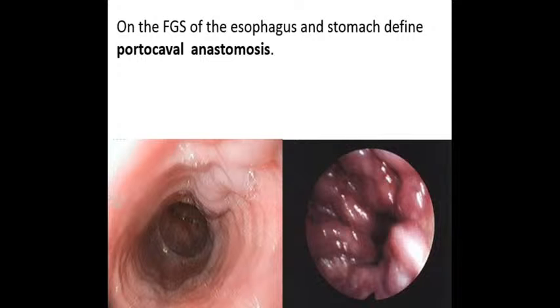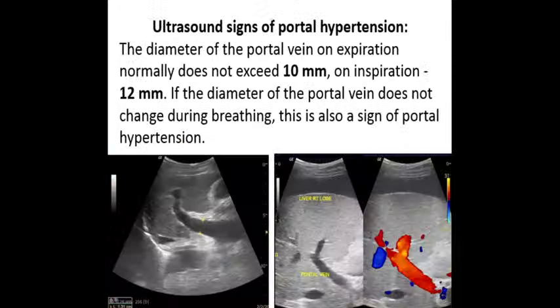In this picture, we can see on the endoscopy how the varicose veins in the esophagus change. Ultrasound signs of portal hypertension. The diameter of the portal vein on expiration normally does not exceed 10 millimeters. On inspiration, 12 millimeters.